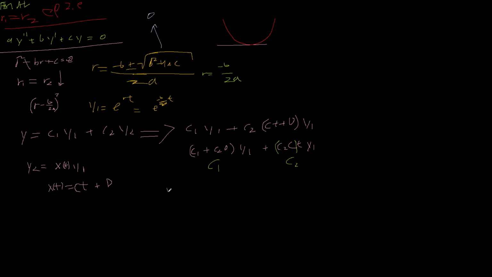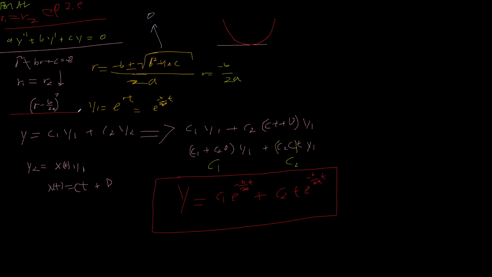And we end up with y is equal to c1 y1, or c1 e to the power of negative b over 2a times t, plus c2 times t e to the power of negative b over 2a times t, and then obviously this is a function of t. And that's our solution when we have two equal roots.